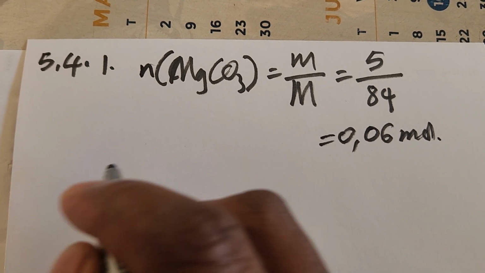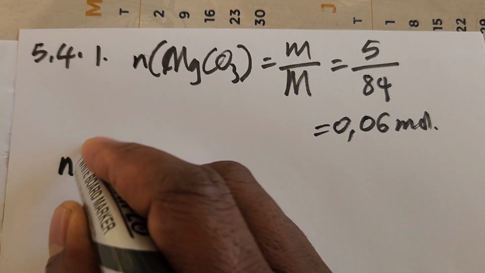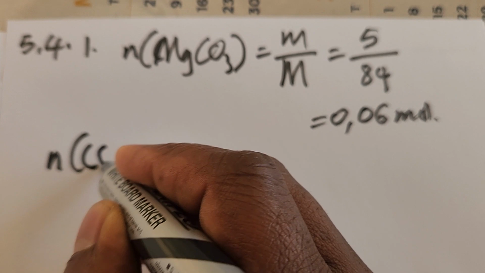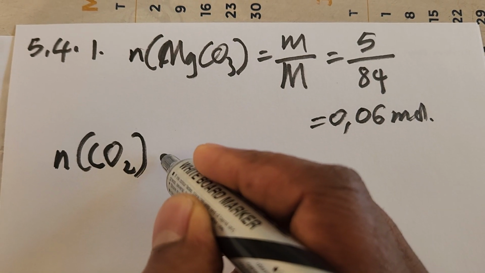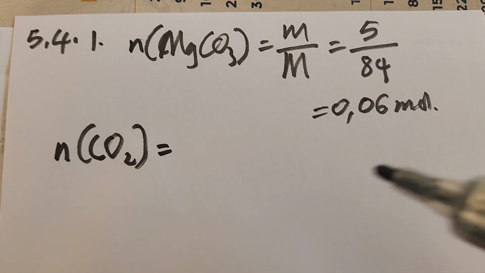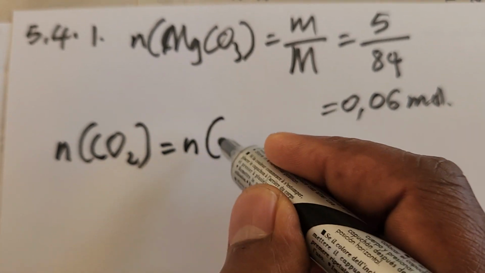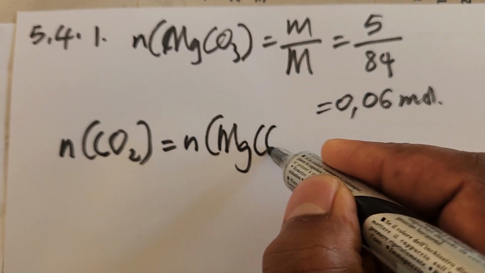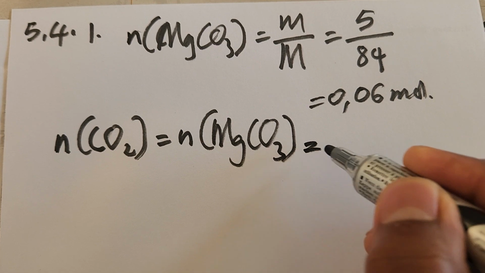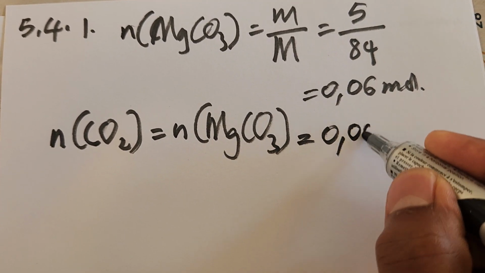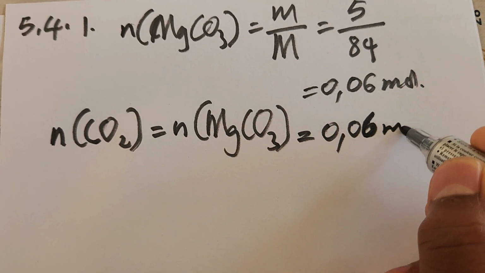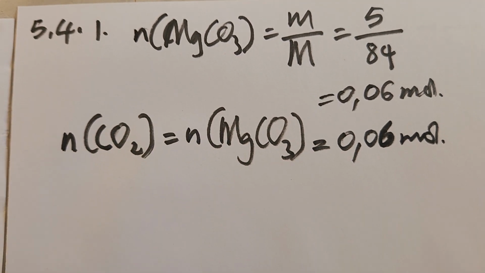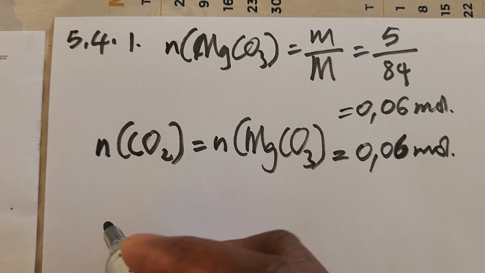Now we can use magnesium carbonate to find the number of moles of carbon dioxide. The number of moles of carbon dioxide is the same as the number of moles of magnesium carbonate, because they are in the ratio 1:1. Therefore this will be 0.06 mole. But we don't need moles of carbon dioxide, we need mass.